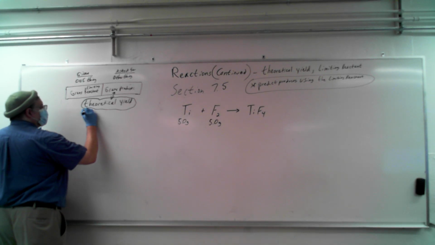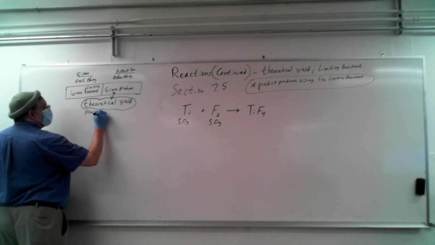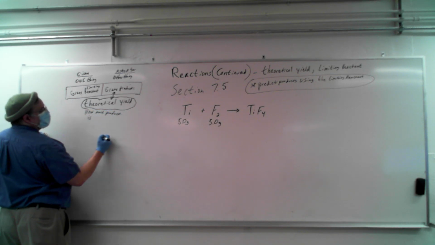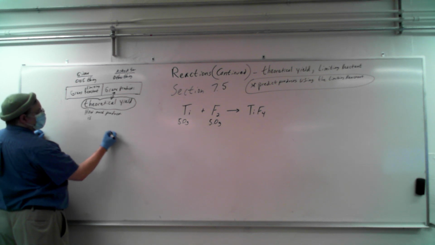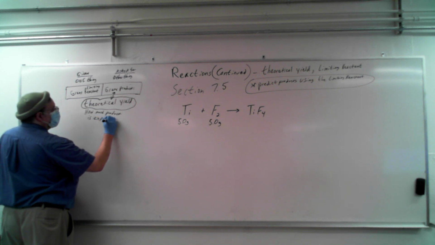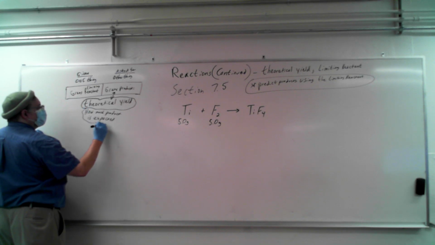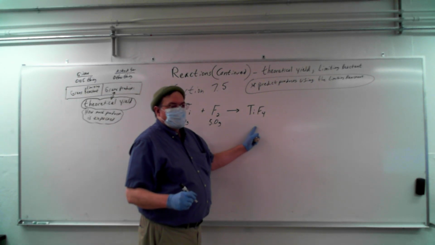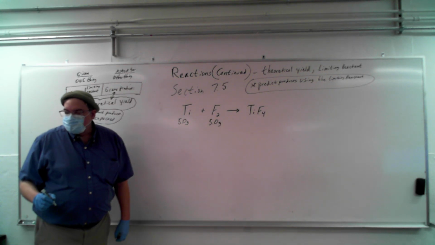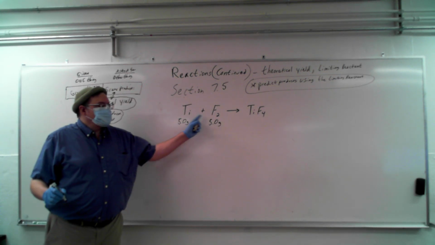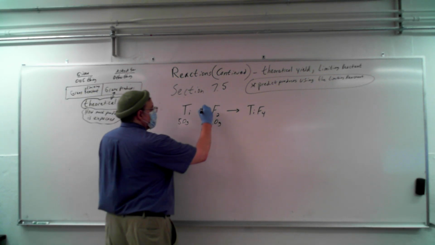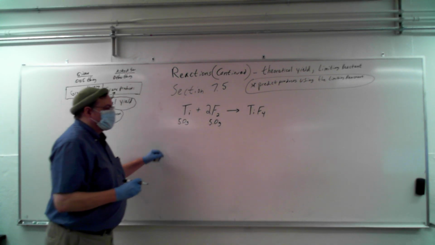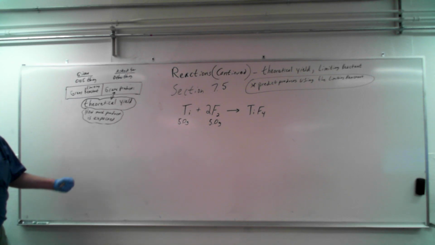The theoretical yield is how much product is expected. But we have to go through the process to figure out which one of these is in excess and which one is limiting. Missing a 2 here. So I'm just going to start with the Ti.